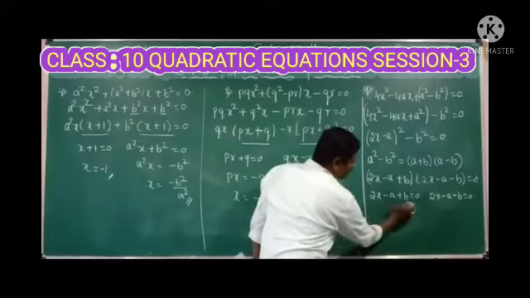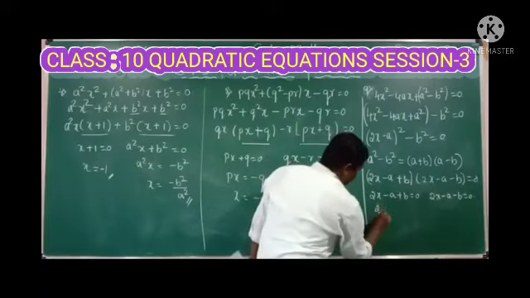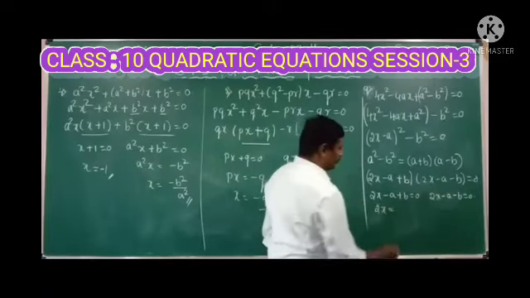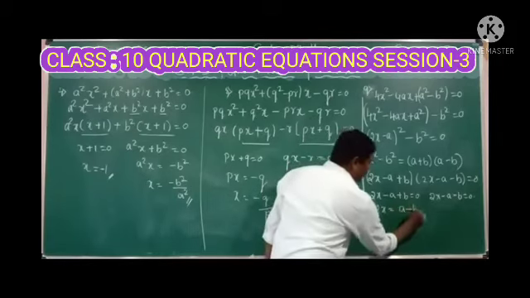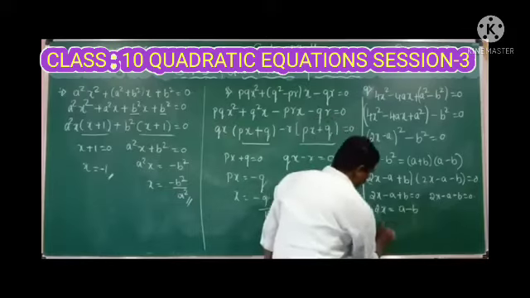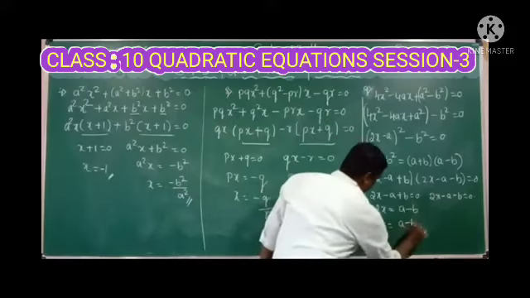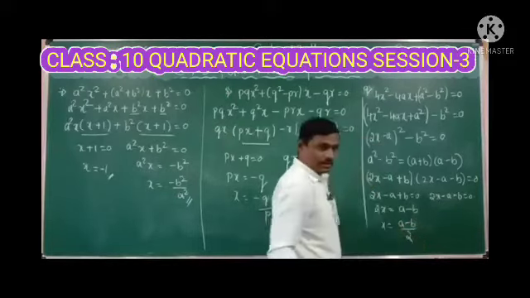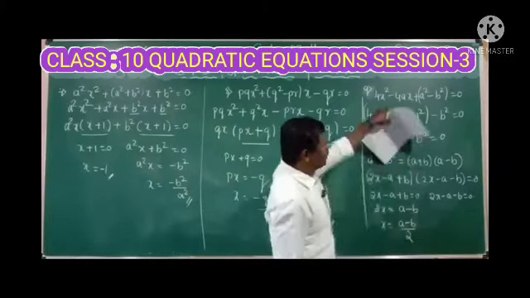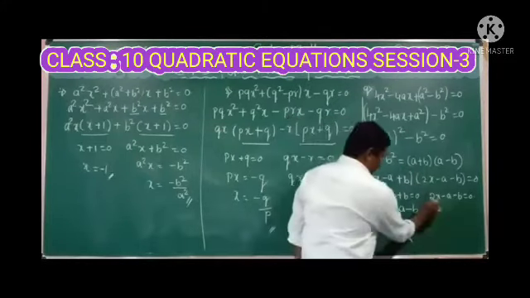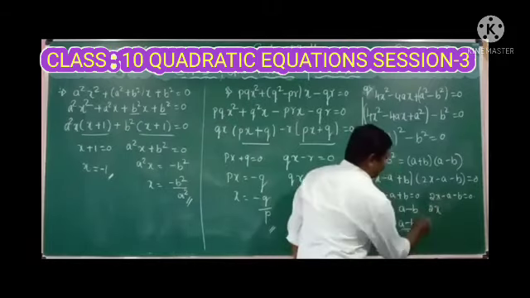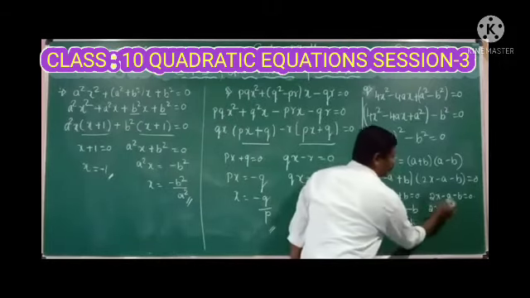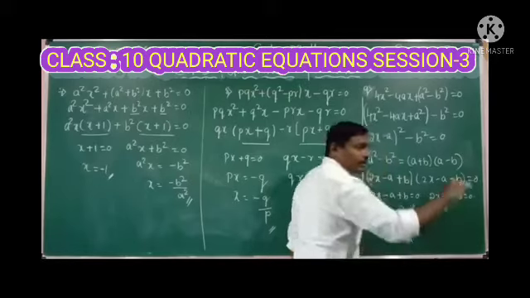First take these two terms to the RHS side. 2x is equal to minus a becomes plus a, plus b becomes minus b. Now x is equal to (a minus b) divided by 2. This is the first root of the quadratic equation. Similarly, 2x is equal to a and b.